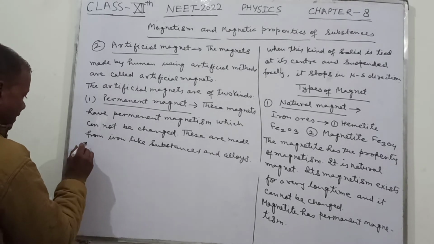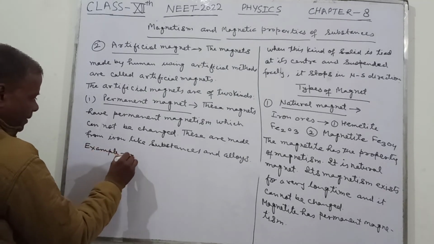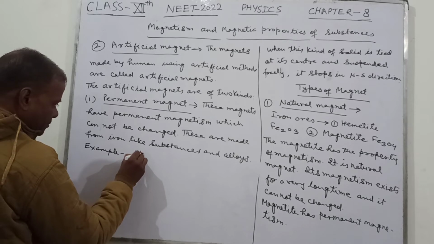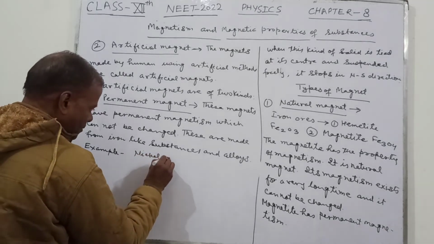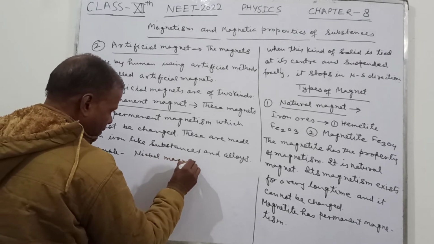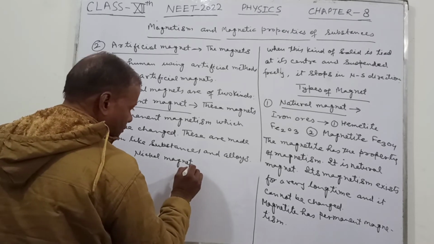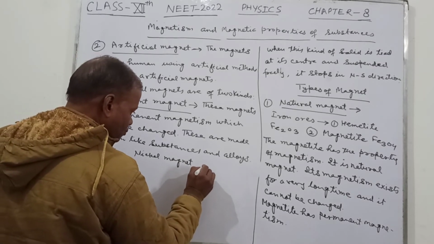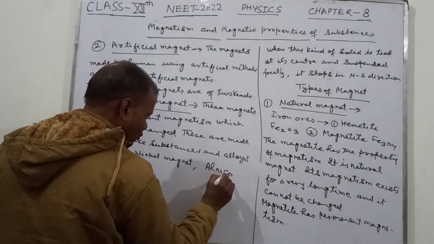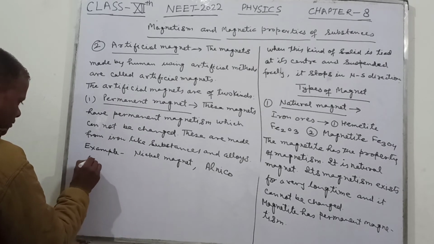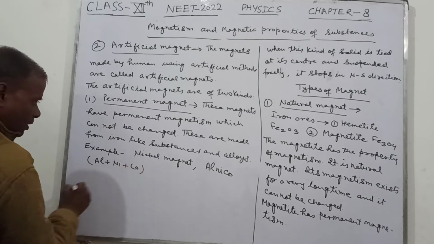Examples of this are nickel magnet, and Alnico, which is aluminum plus nickel plus cobalt.